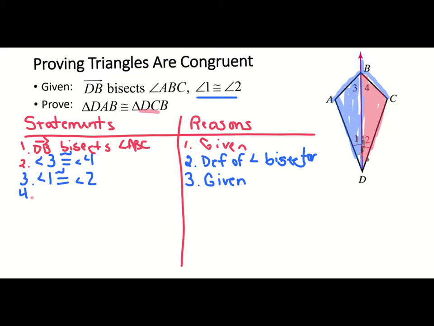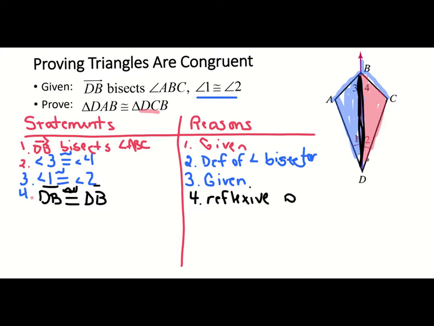We have this shared side right here. So I can say that DB is congruent to DB through our reflexive property of congruence.